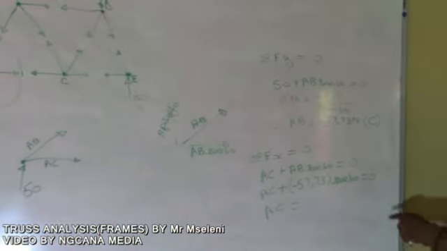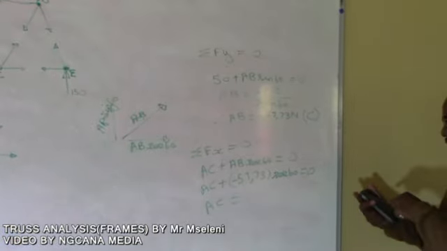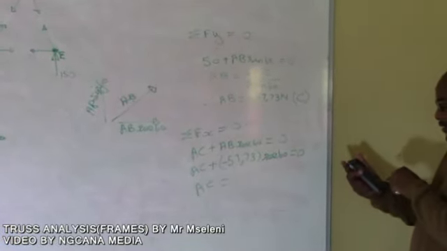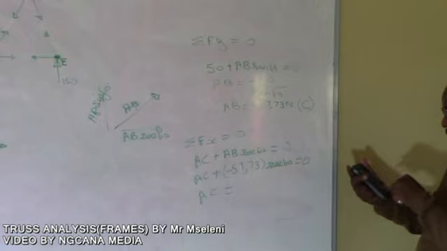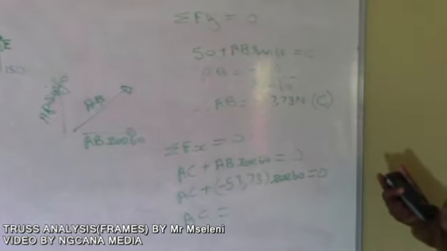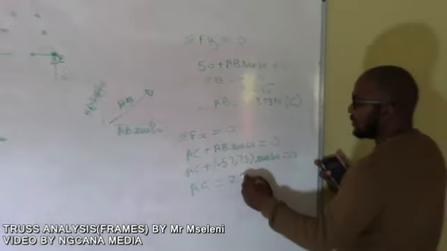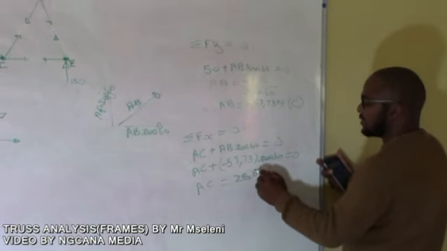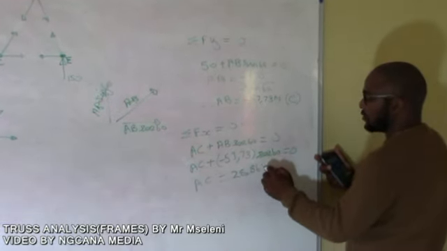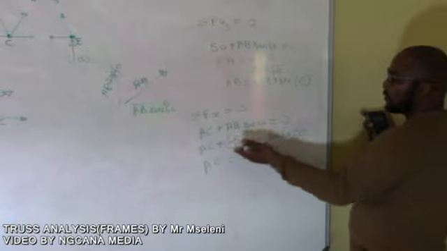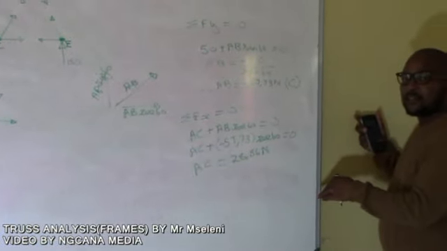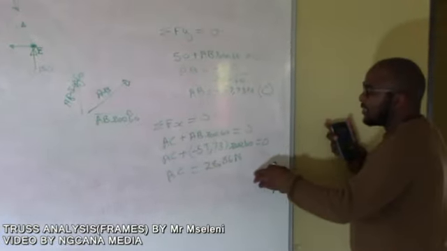Your AC is 57 cos 60, and you got your answer as 28.86 newtons. After you've got this, you take it to the other side of the equal sign, and then you find it as positive.